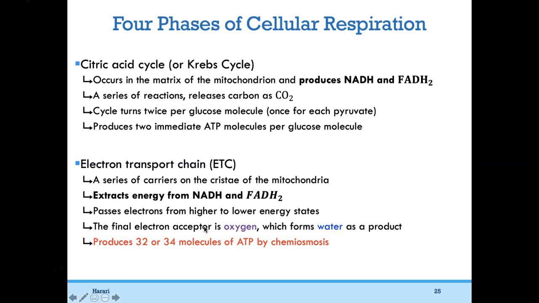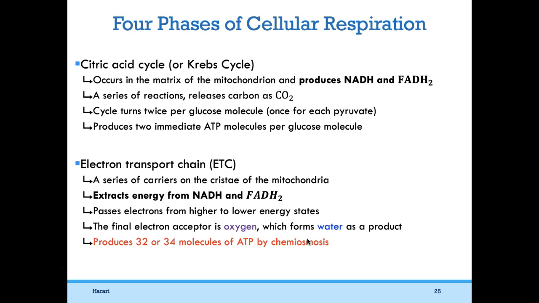By passing the electrons from NADH and FADH2 from protein to protein, we could use that energy to pump protons inside the intermembrane space of the mitochondria, and we're going to use that concentration gradient to make ATP by chemiosmosis.